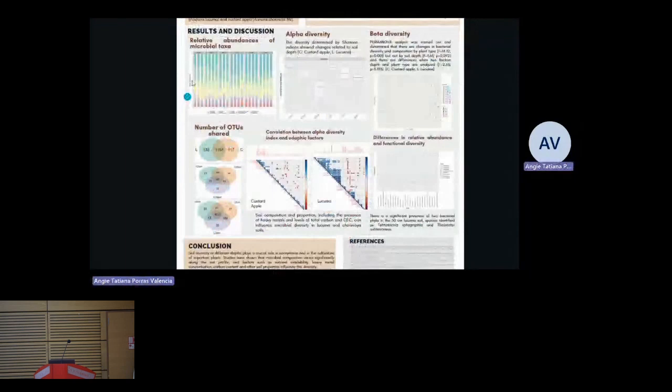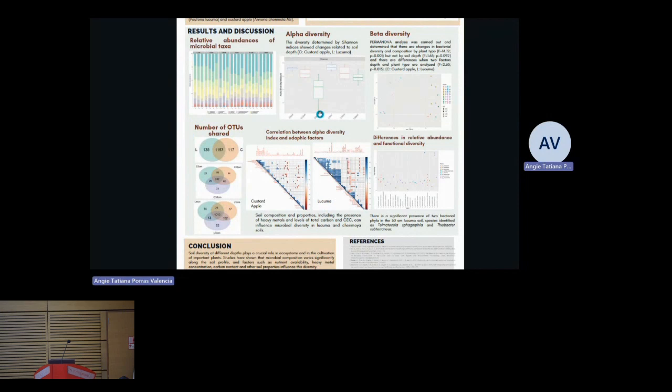Our results and analysis we can see in this part. In all samples, the relative abundance of the bacterial phyla Proteobacteria, Acidobacteria, Planctomycetes, Actinobacteria, Firmicutes, and Gemmatimonadetes were the most abundant.